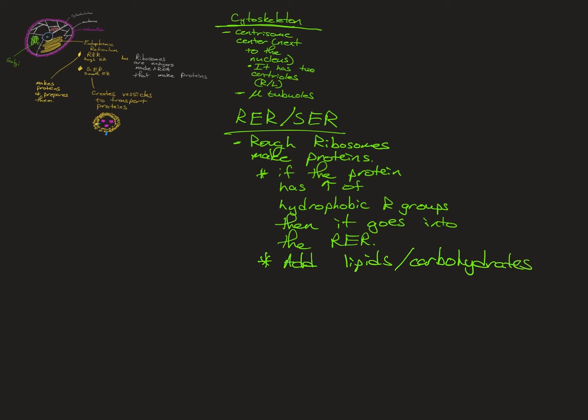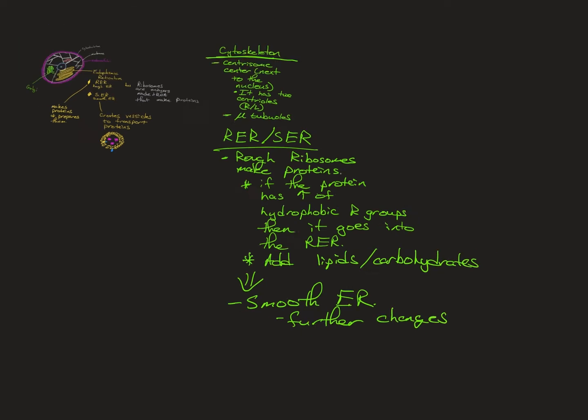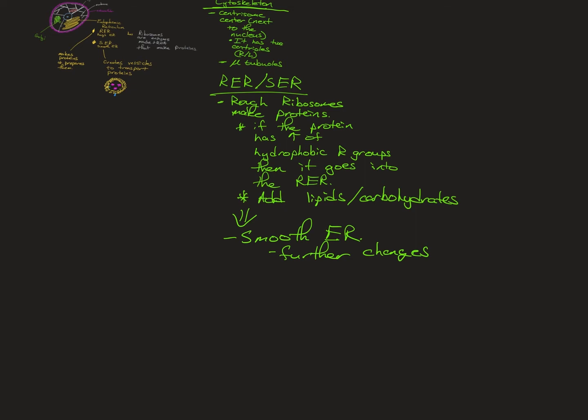It's mostly carbohydrates, but whatever you add, you change the protein, and then it goes into the smooth ER. And there are further changes.